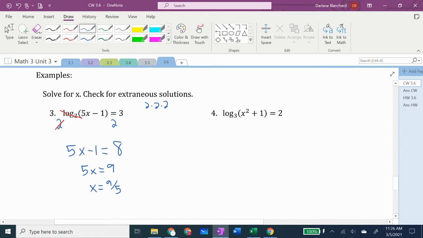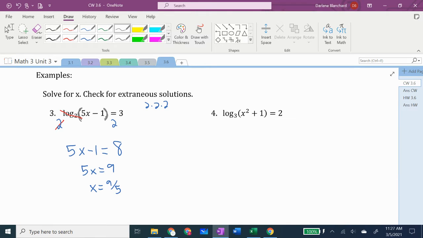The only thing you have to do to check for extraneous solutions is go back to the original equation, identify what is going into that actual log function. 5 times a number minus 1 goes into the logarithm.